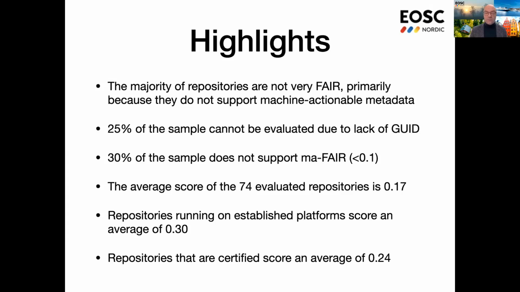And we will hear from some repositories who have recently implemented DOIs, for instance. 30% of the sample, as I mentioned, score less than 10%, which means that they basically don't support any machine actionable metadata, at least that are being tested in this evaluator. The average score for those that were evaluated, for those 74 repositories, is 17%.